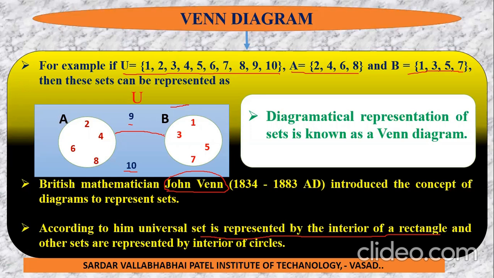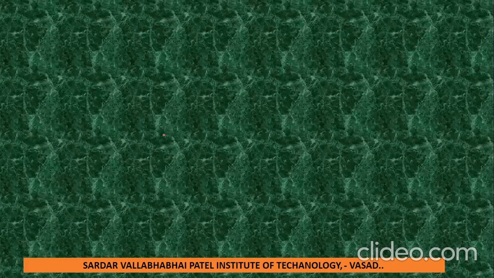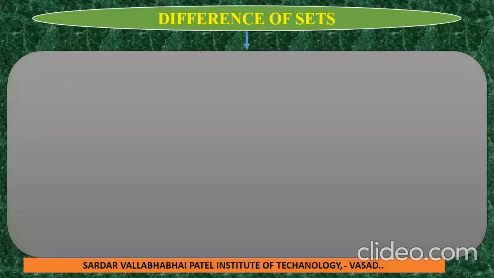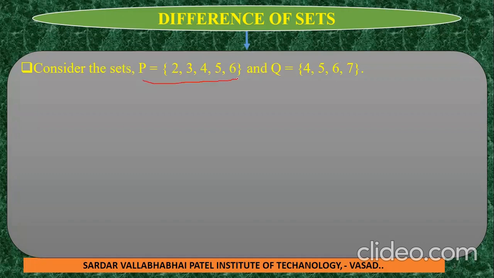So now, another concept of sets: the difference of sets. How do we define the difference between two sets? Let us consider an example with two sets: P is 2, 3, 4, 5, 6 and Q is 4, 5, 6, 7.